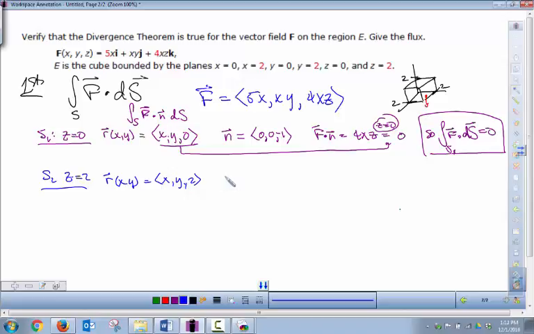And so what's your normal vector going to be in this case? Z will be positive, right? So you're up here now, on this plane, and since it's a flat, horizontal plane, it'll just go straight up. So that's just 0, 0, 1, or k.